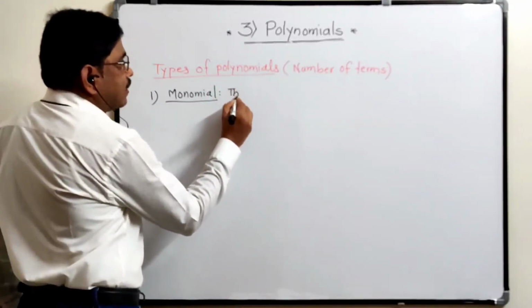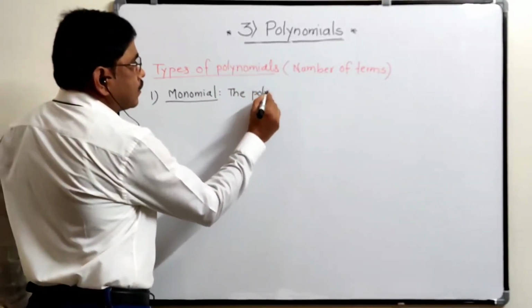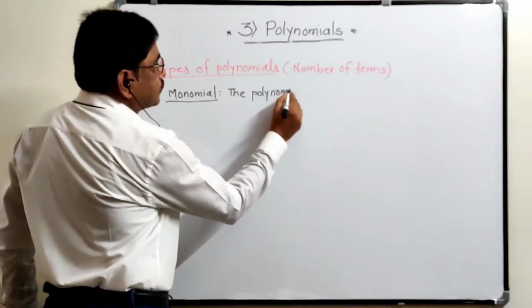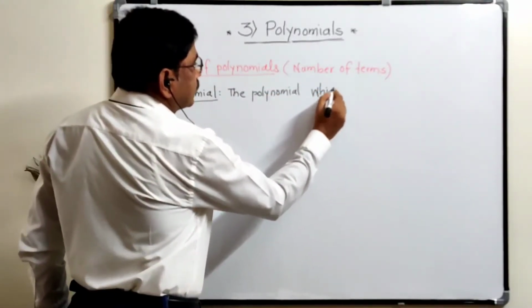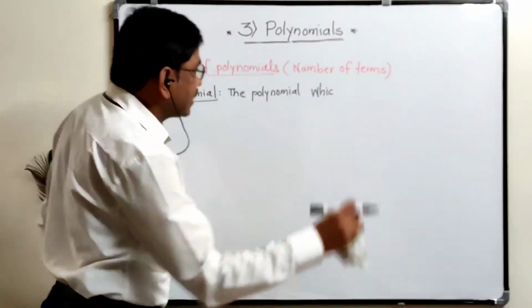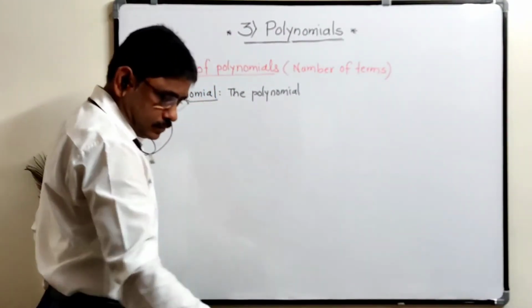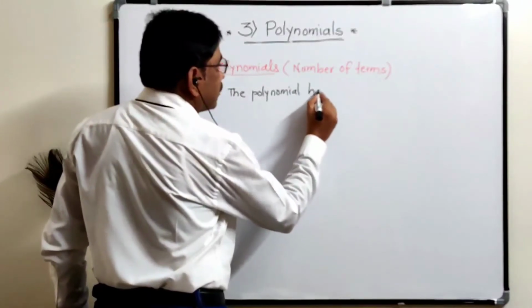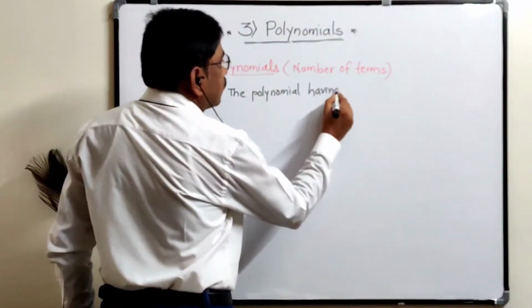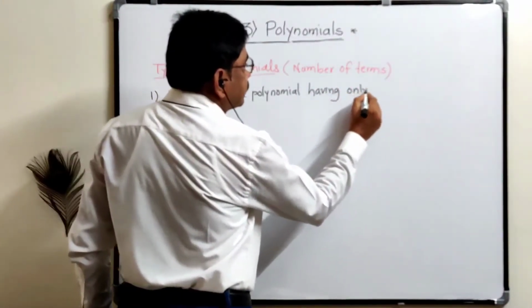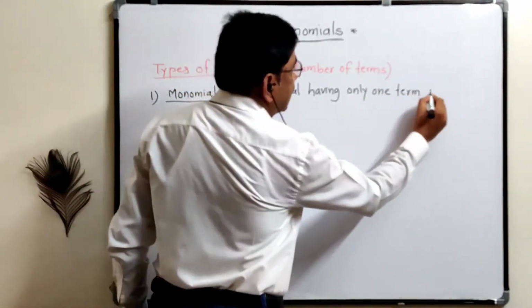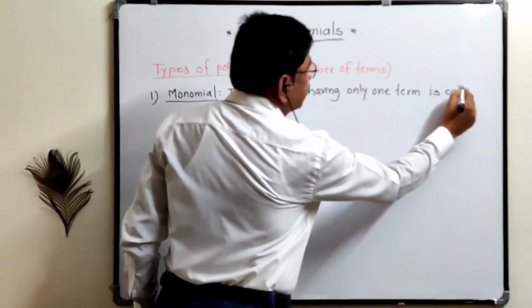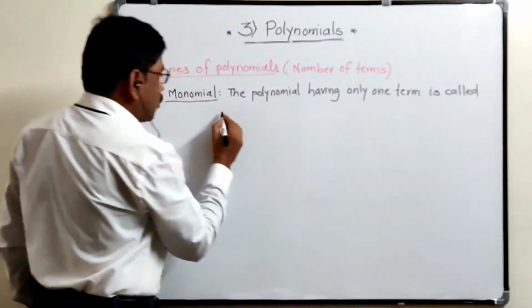The polynomial which contains, or directly we can write polynomial containing or having only one term. The polynomial having only one term is called monomial.